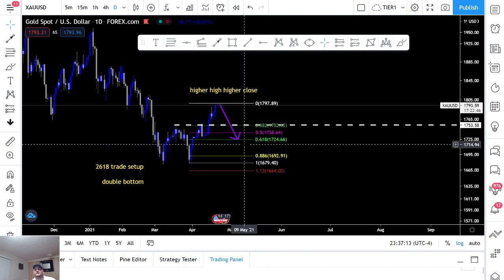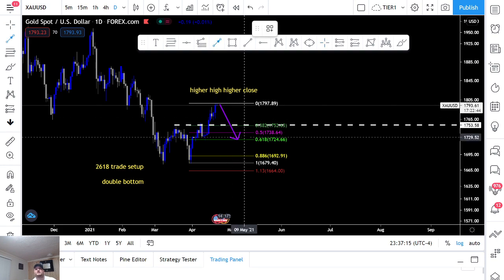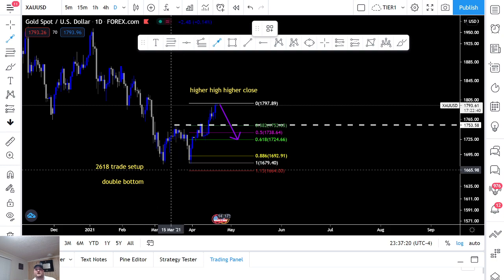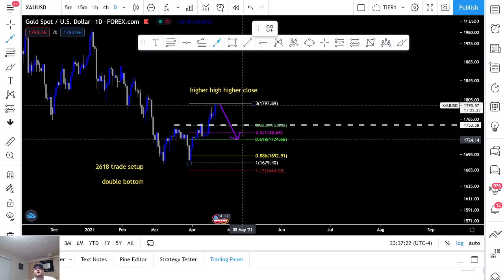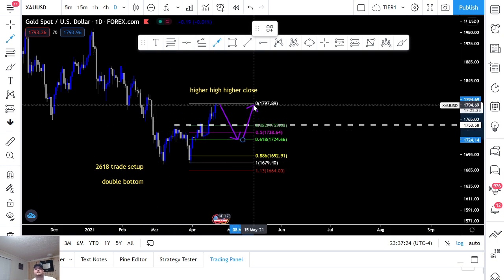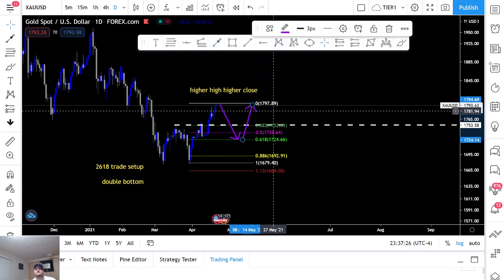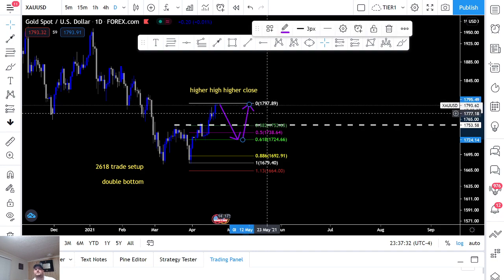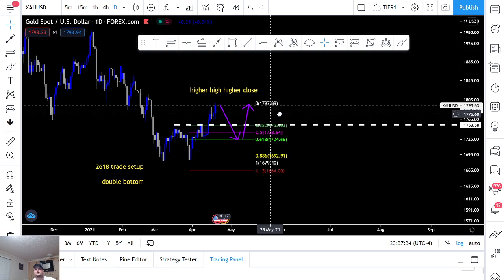at 1725, that would allow me to get my stops below this previous double bottom and a retest of this at 1800. Looks like 1800 would be here, but 1793.